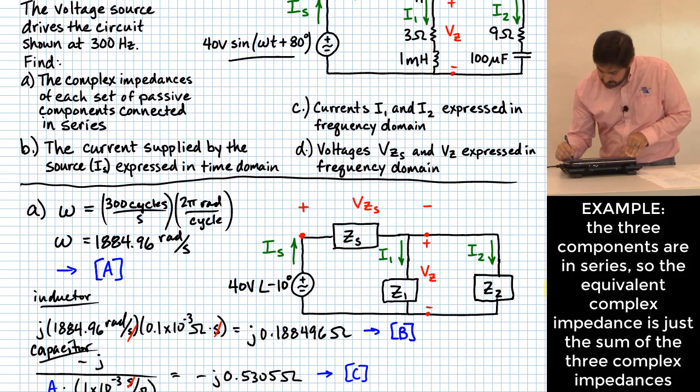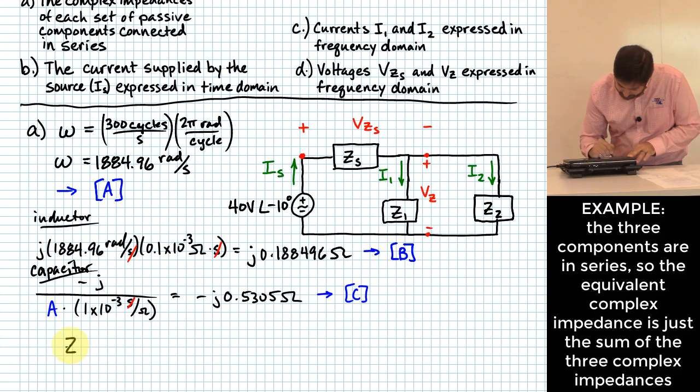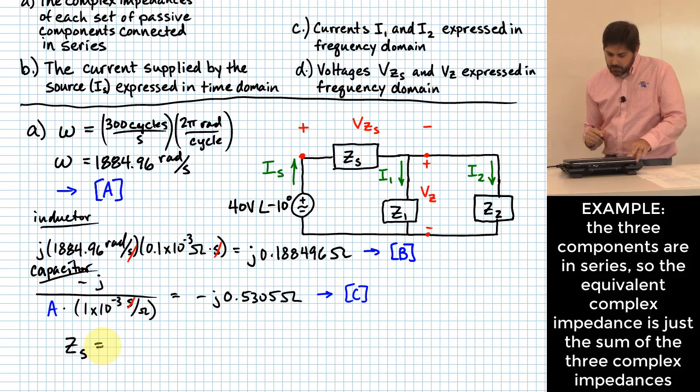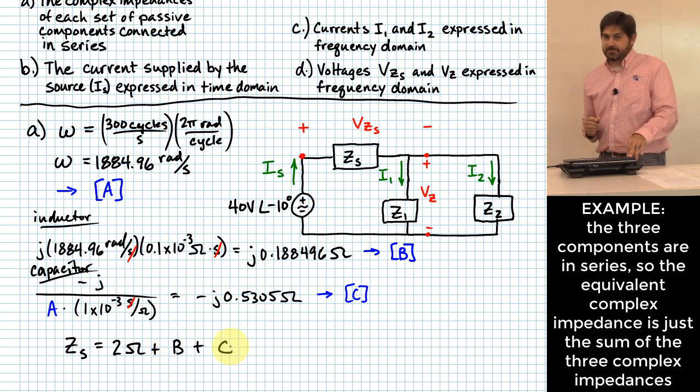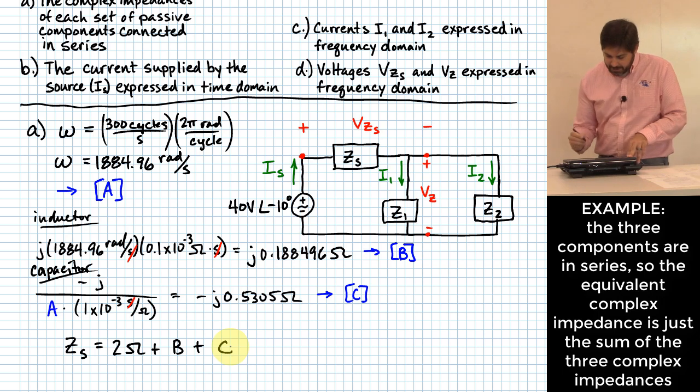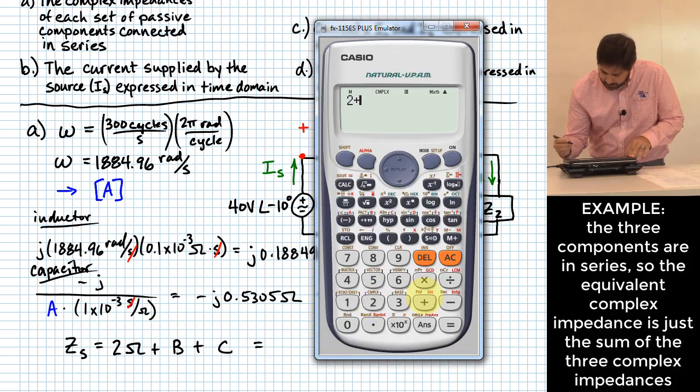Okay? So that's what I'll do. I will say ZS is going to be equal to 2 ohms plus B plus C. So I'm going to put that in here with 2 plus B plus C.